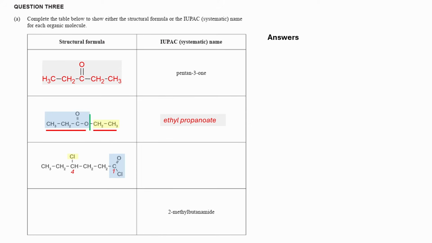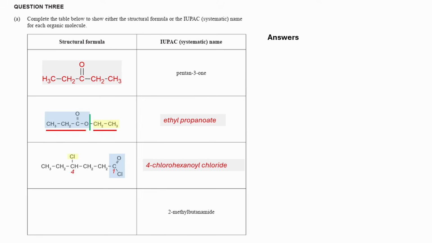If it's a carboxylic acid, an amide, an aldehyde, or an acid chloride, that starts as number 1. This must be 4, so this must be 4-chlorohexanoyl chloride.